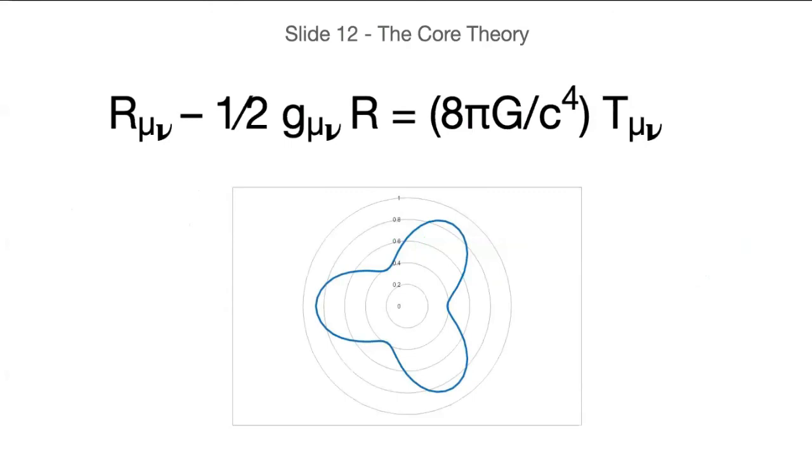So this equation is the theory of everything equation, the core theory equation. And it looks a bit complicated, and some of you might recognize it, but it's the Einstein equations of general relativity without the cosmological term. So on the left-hand side of the equation, it is describing the curvature of space-time, and the right-hand side of the equation, the T mu nu, is the mass energy distribution.